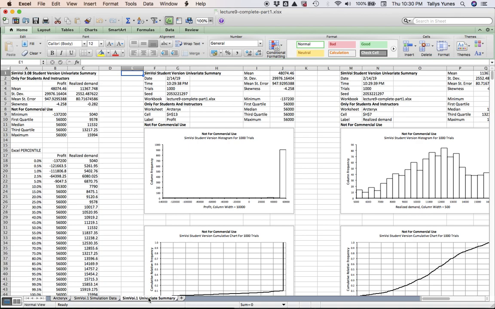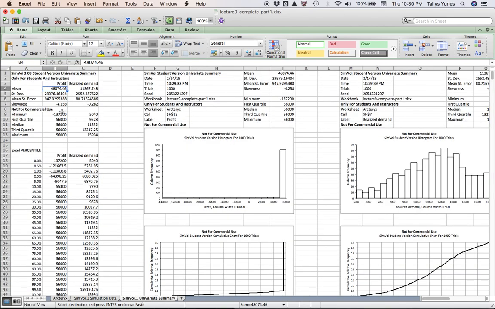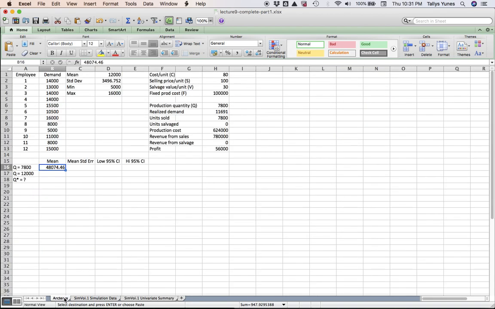So let's read what this is giving us. First, in this top left corner are some summary statistics of both the profit and the demand because we were tracking both of them. So here it says the mean profit was 48. So let me copy that to the main sheet down here. And it says that the mean standard error, right, that is the standard deviation of the mean, was 947.